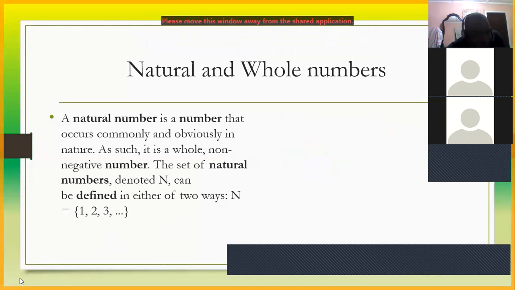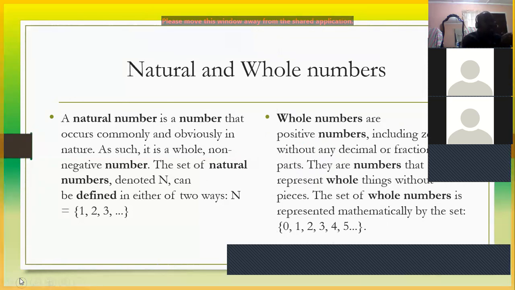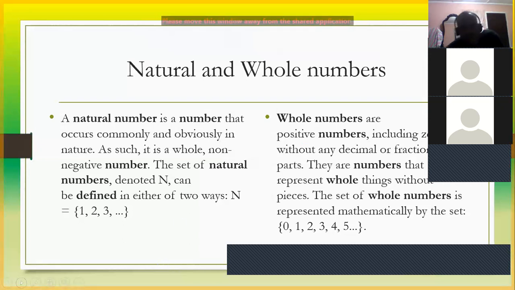All right. Here are whole numbers now. You're going to read information on a key, and then Novlet will tell me the difference between natural numbers and whole numbers. Read. Whole numbers are positive numbers, including zero, without any decimal or fraction part.